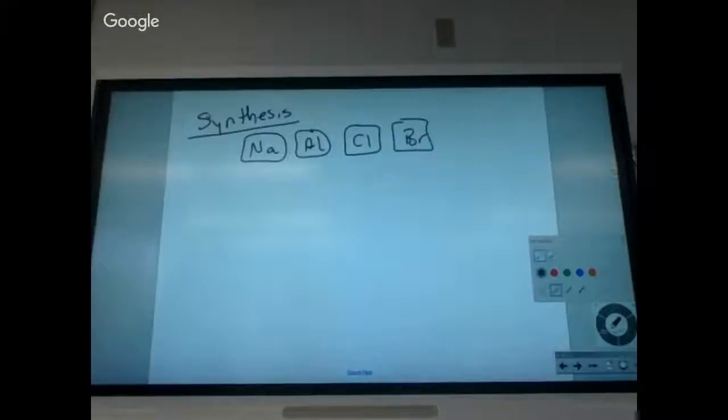You have to do what with them? Raul, what do you have to do with synthesis? Did you write it down? Okay. Zaya, what do we have to do with synthesis? Form a compound. From what? Okay, we can do it from elements.